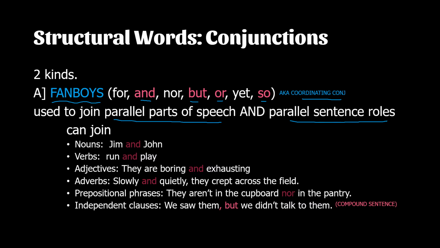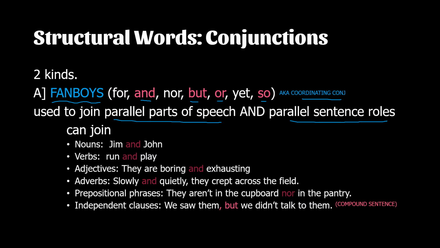Adjectives, they are boring and exhausting. Adverbs, slowly and quietly, they crept across the field. So these are individual words that are joined with a coordinating conjunction. Usually and, or is also common, and but happens once in a while.